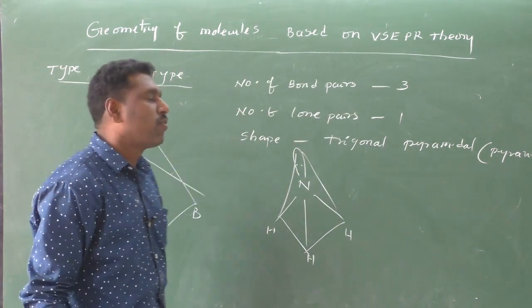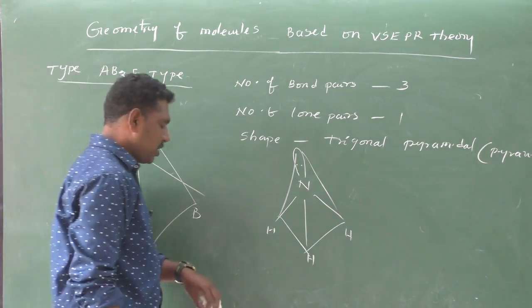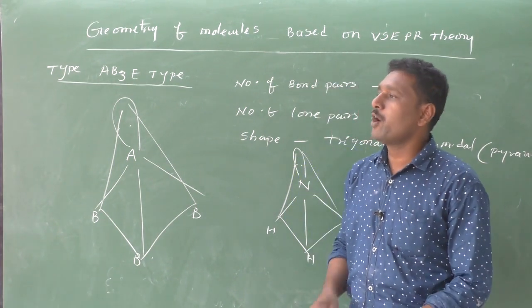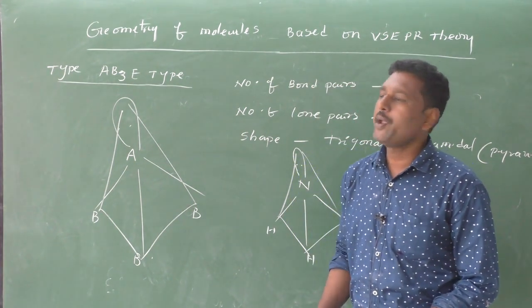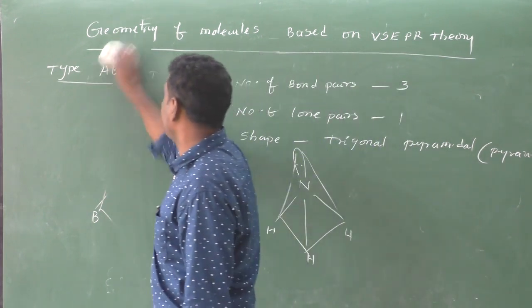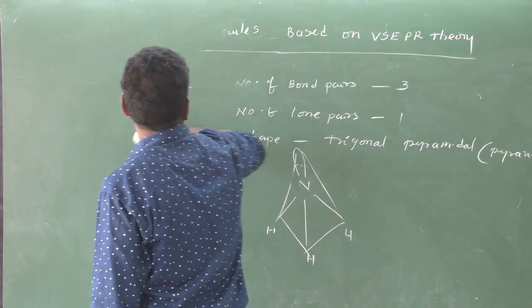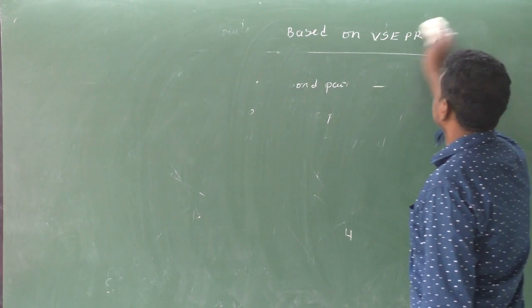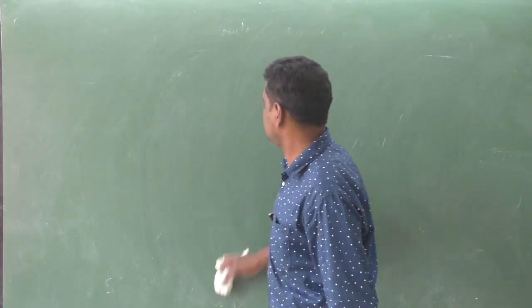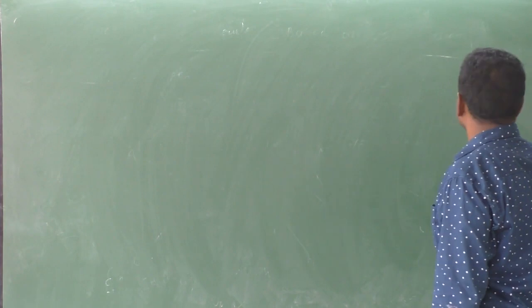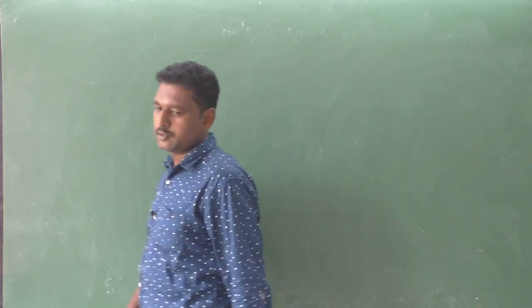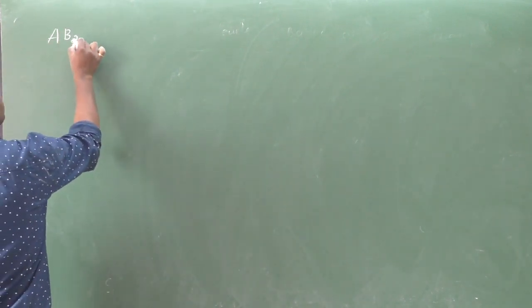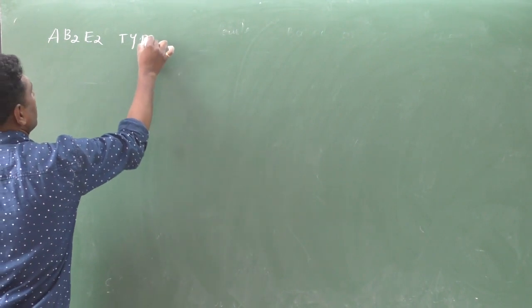Water. So water is which type of molecule? Water is an AB2E2 type of molecule.